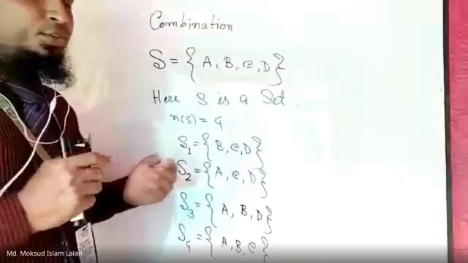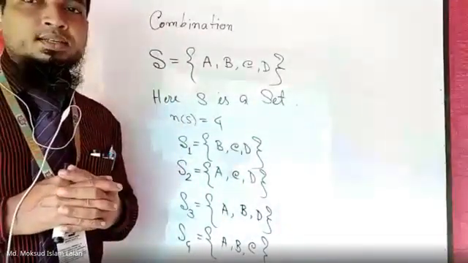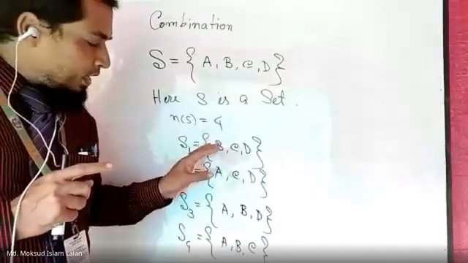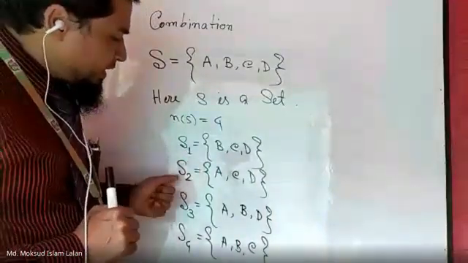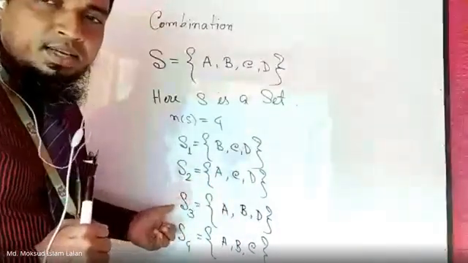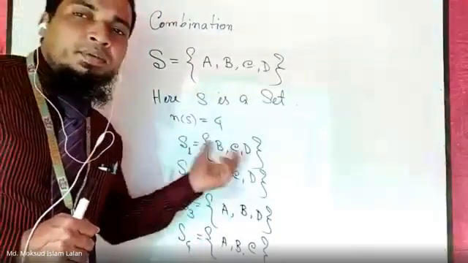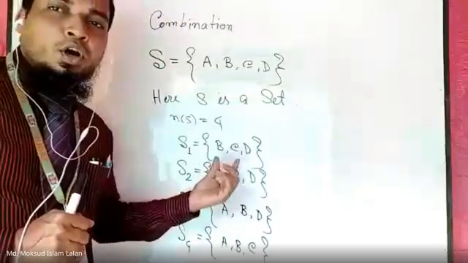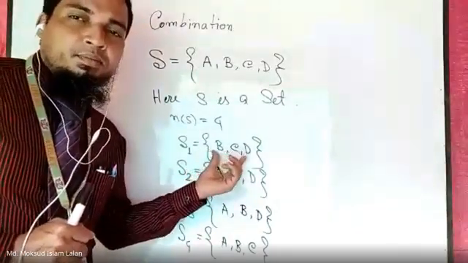So dear students, now coming to the combination. What is combination? Individually, you can say S1 is a combination, S2 is a combination, S3 is a combination, S4 is a combination. Each of these is called a combination of three elements.